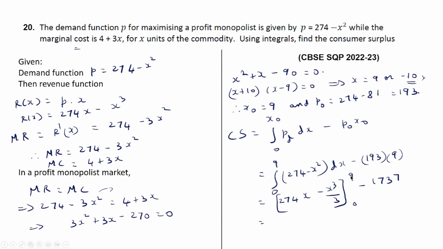When we substitute the upper limit, it is 274 into 9, 2466, minus 9 cube by 3, it is 243. Lower limit is 0, minus 1737. This is 486. Therefore, consumer surplus equal to 486 units.